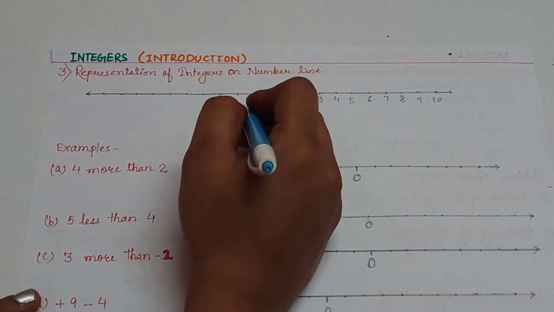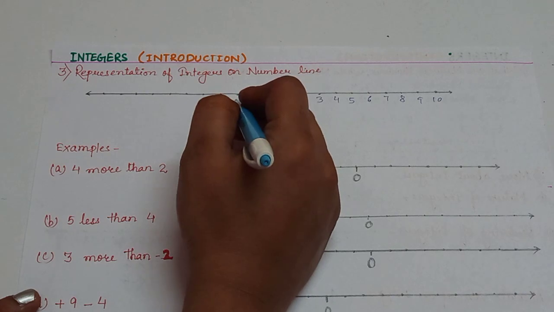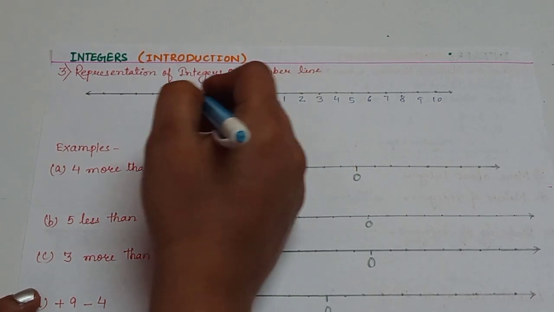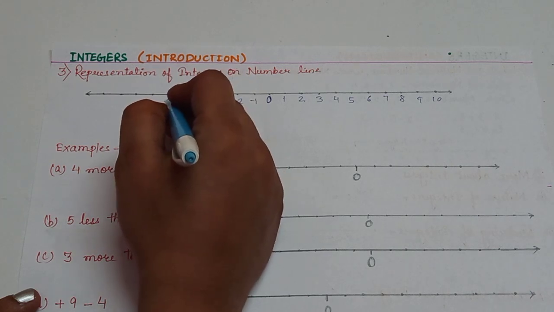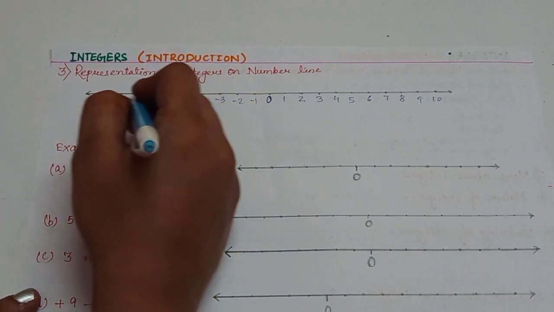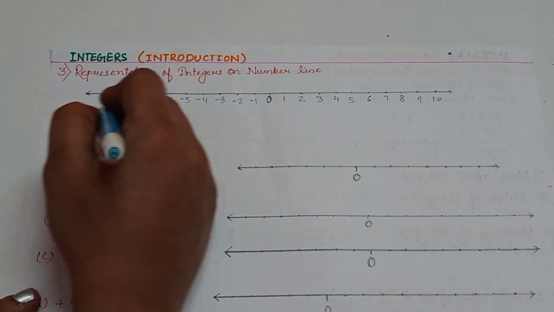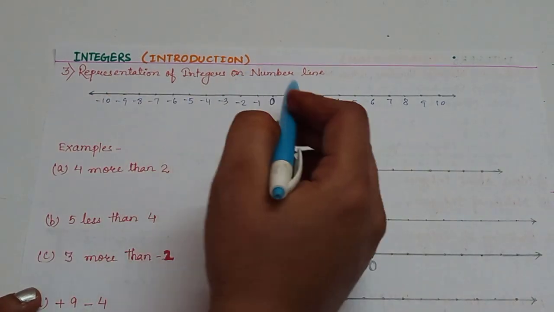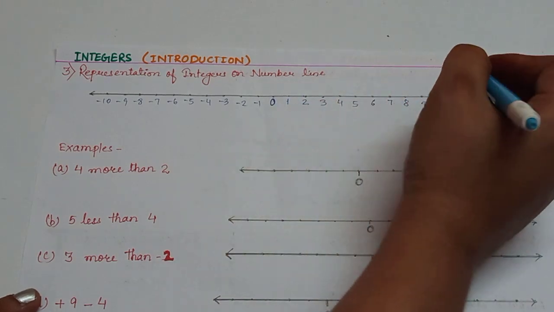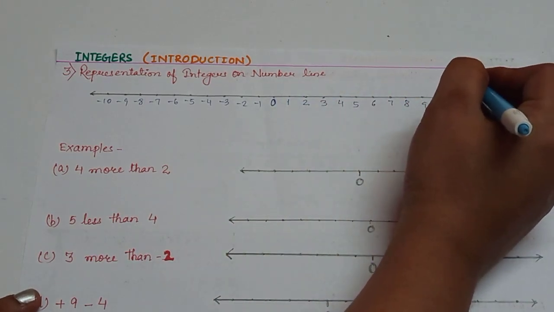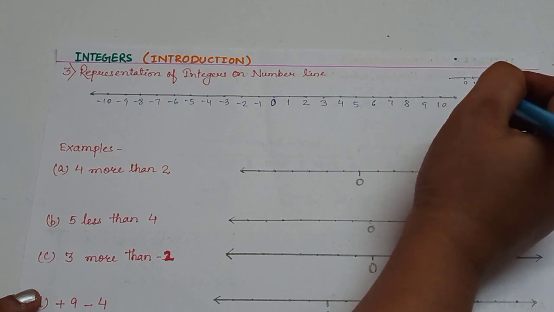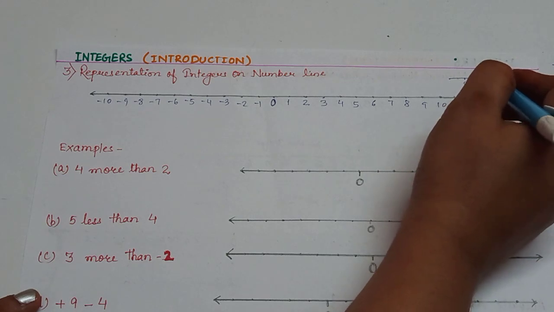And over here on the left, -1, -2, -3, -4, -5, -6, -7, -8, -9 and -10. Many of us make a mistake while plotting these points. Somebody plots the points like this: if they have written 0 here, they will write 1 here, 2 here, then 3 here. No, we have to take equal divisions.